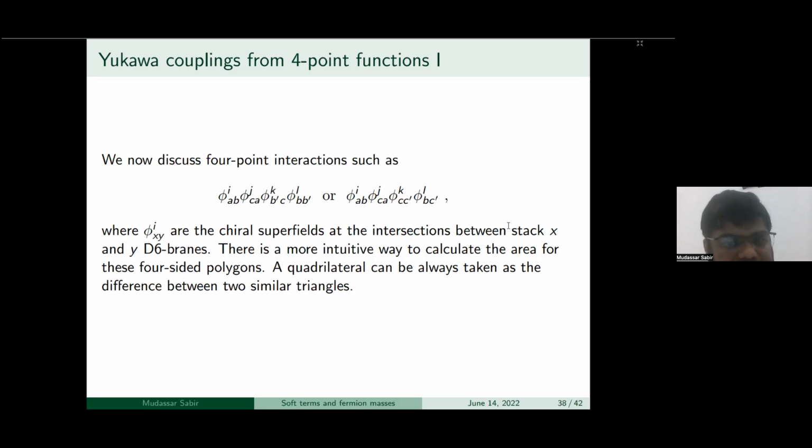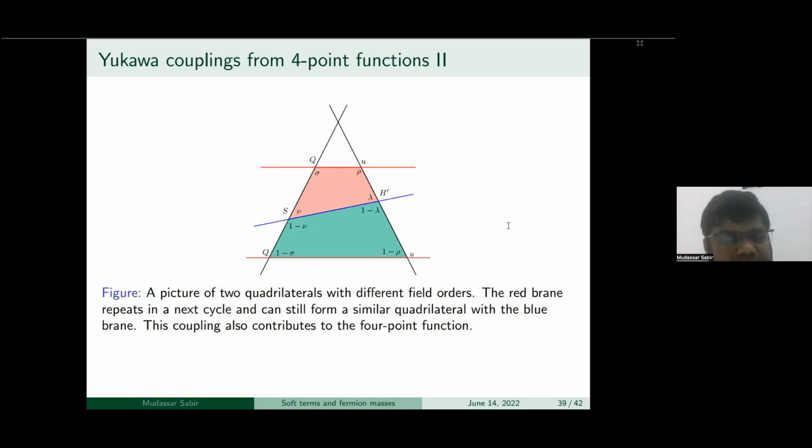Where phi's are the chiral superfields at the intersections between stack X and Y D6 planes. There is a more intuitive way to calculate the area for these 4-sided polygons, since we know that a quadrilateral can always be taken as the difference between two similar triangles.